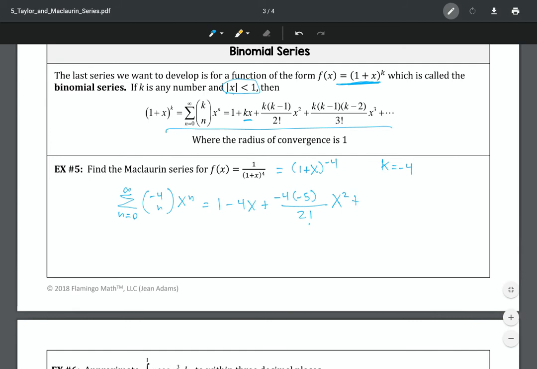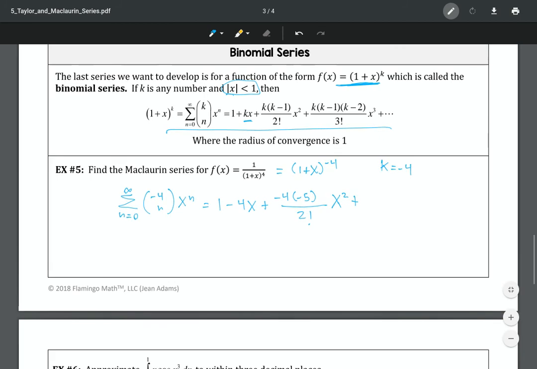And really, I'm just writing these to show you how it works, but it didn't really ask us to expand this. So this is k minus 1, which is negative 5, and k minus 2 is negative 6. x cubed all over 3 factorial, and it just keeps going.